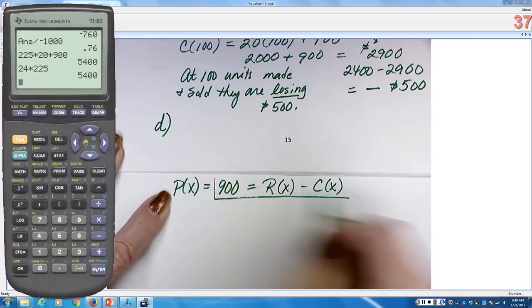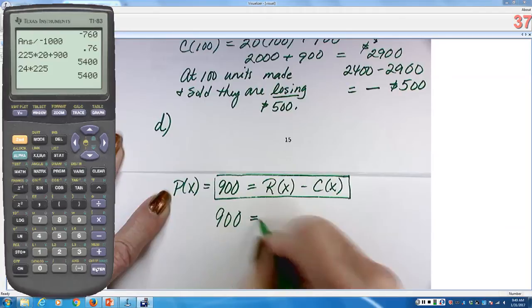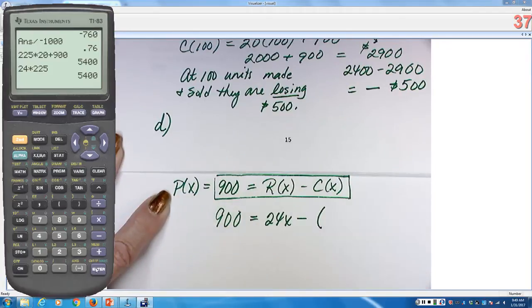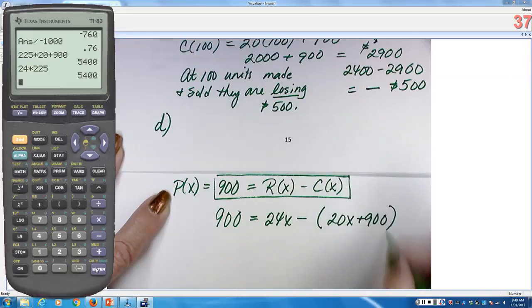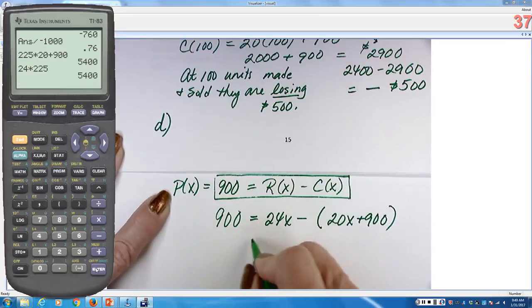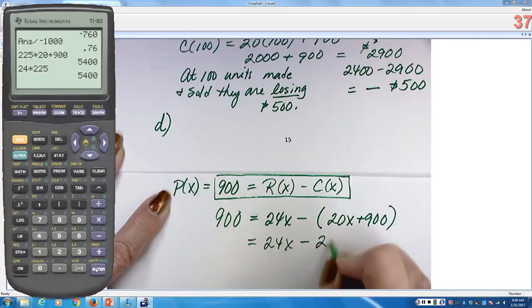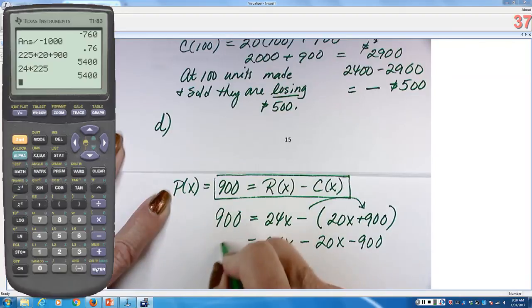So from this, I can say I need a $900 positive difference when I take the revenue function, which is 24x, and subtract the cost function, which is 20x plus 900 from it. So using distributive to remove my parentheses, 24x minus 20x, don't forget that's also minus 900, is equal to $900.